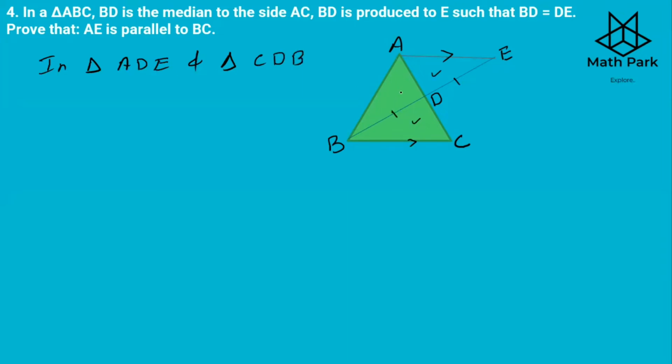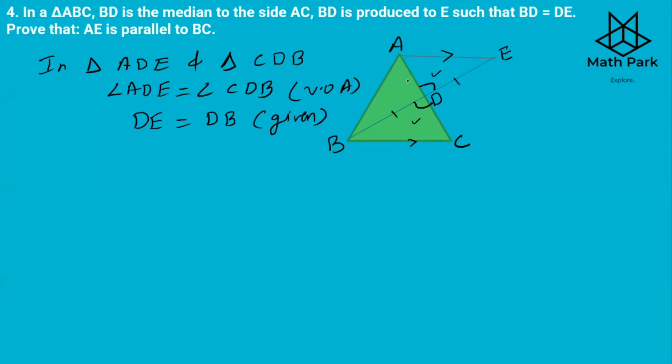In triangles ADE and CDB, first thing is we have angle ADE is equal to angle CDB, because they are vertically opposite angles. The next, DE is equal to DB. This is given to you.